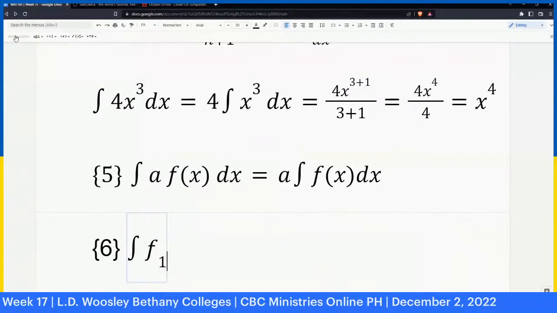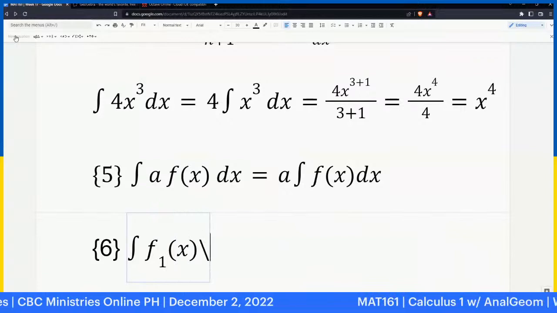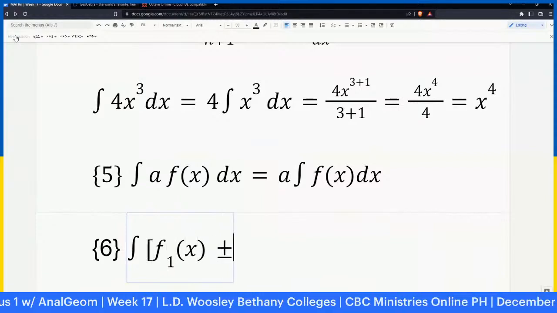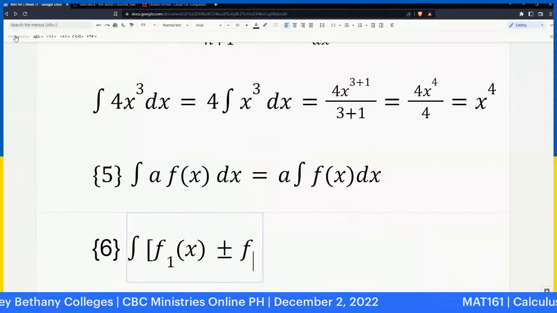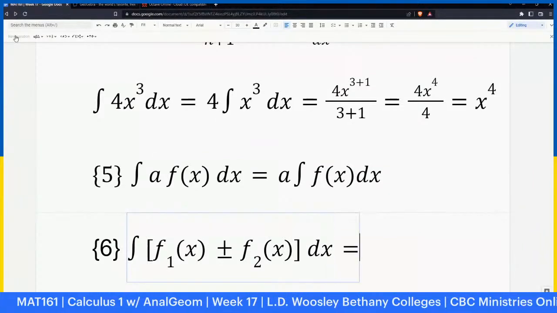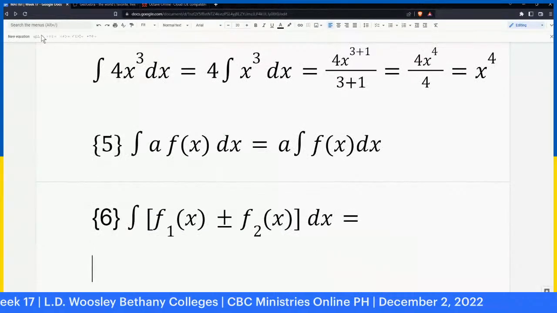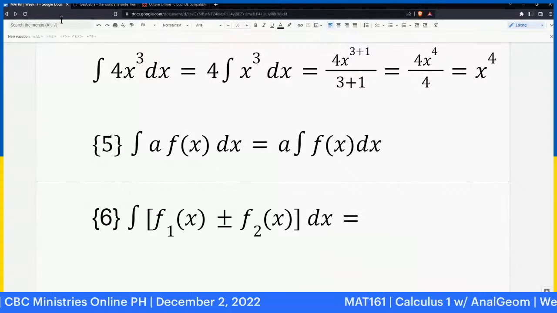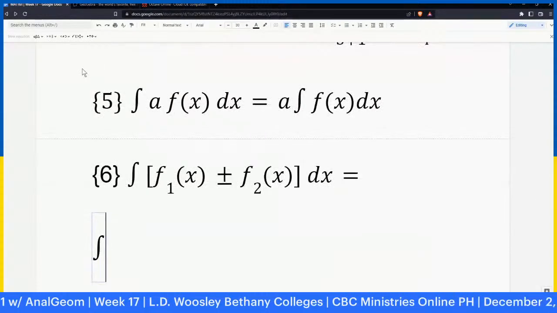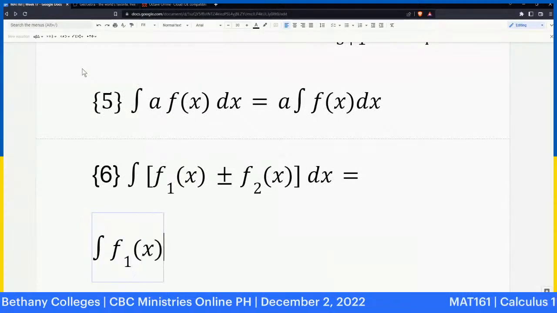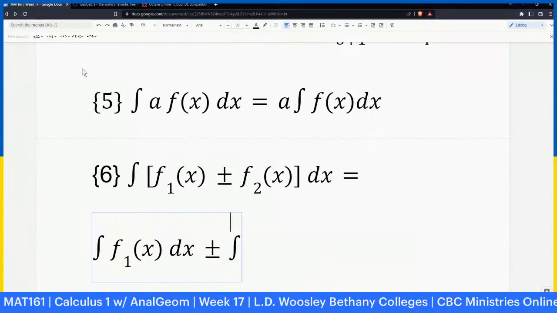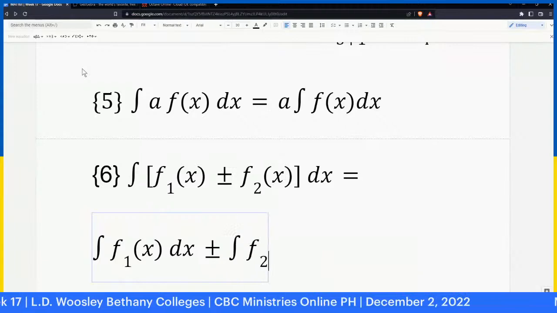For instance, if you have f sub 1 of x plus or minus f sub 2 of x, maybe I put a bracket here, integral dx, we could apply the distribution such that it is the integral of f1 of x dx plus or minus the integral of f2 of x dx.